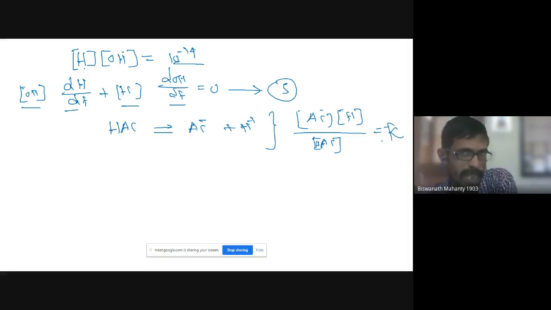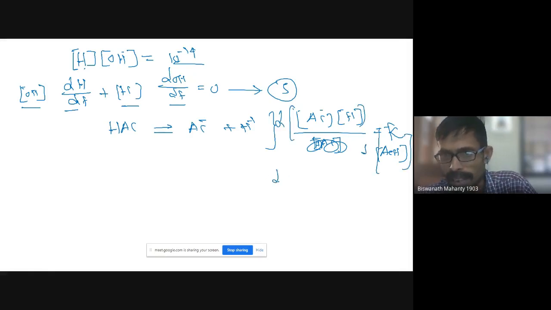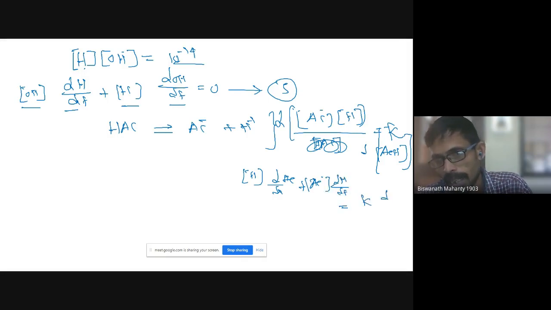You will know it from the literature. Some value is there. This is always the equilibrium constant. So if I linearize it, K acetic acid for example, then I can take a derivative of both sides. So I will write d-acetate, hydrogen constant, d-acetate dt, plus acetate constant, dH dt, equals K constant, d-acetic acid. Can I write it like this?